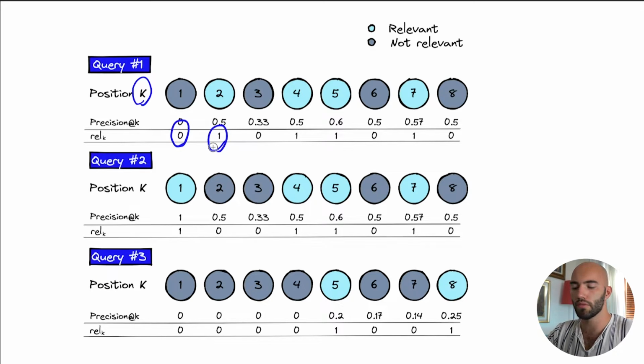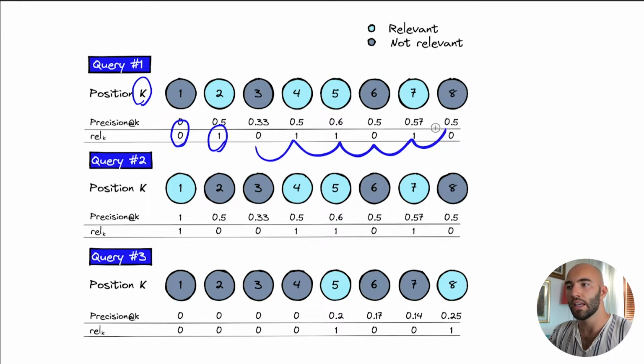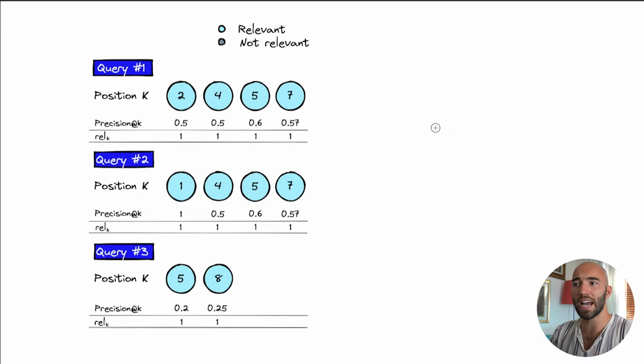We go through all of those, taking the zeros for not relevant and the ones for relevant, and we multiply all those together. Essentially, what we do there is cancel out all the non-relevant calculations and only calculate the precision where we have a relevant item, which is what you get here.